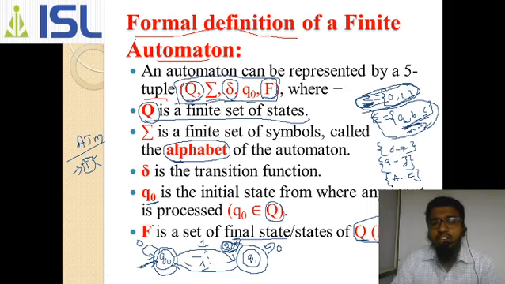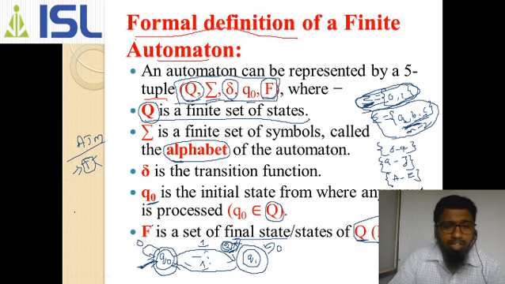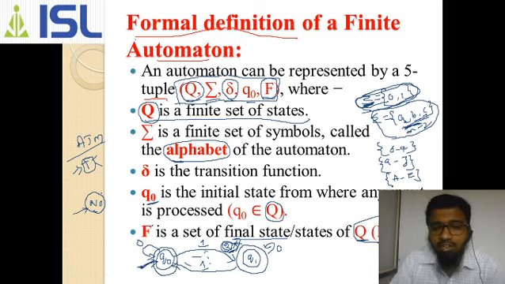q0 is the initial state from where any input is processed, and q0 belongs to capital Q. The initial state is represented like this, and this is called the initial state. Okay, fine.